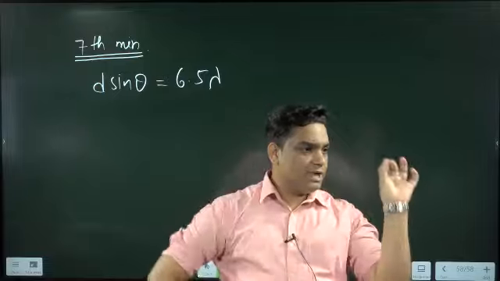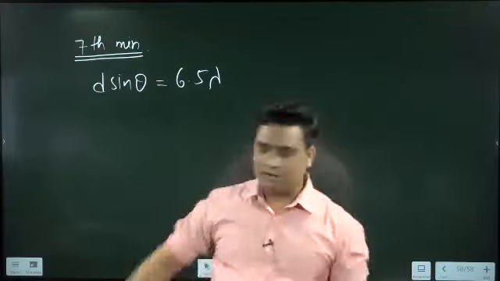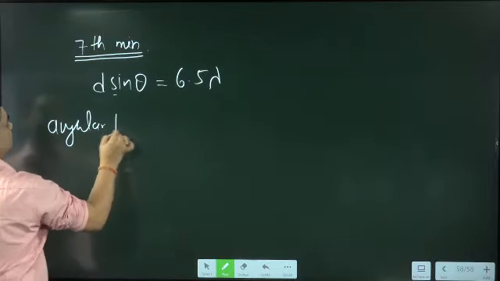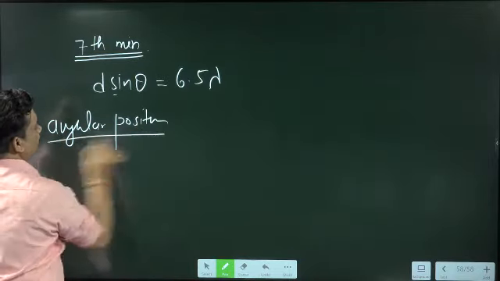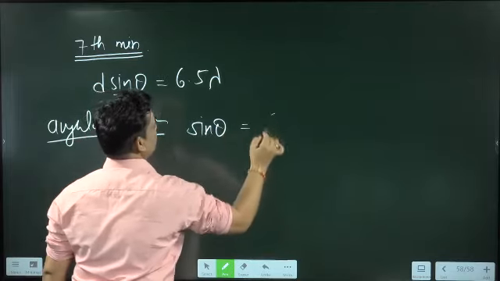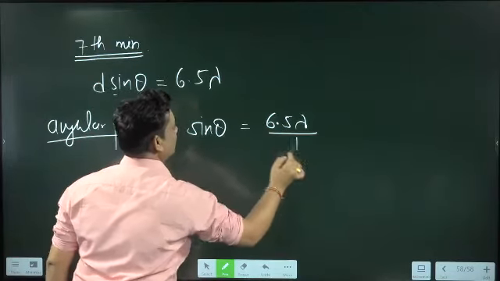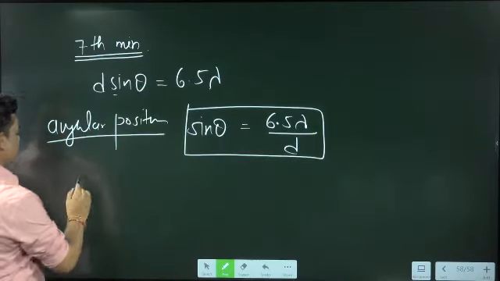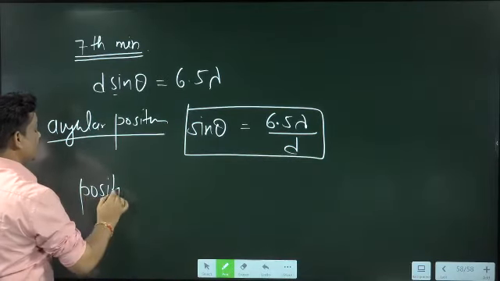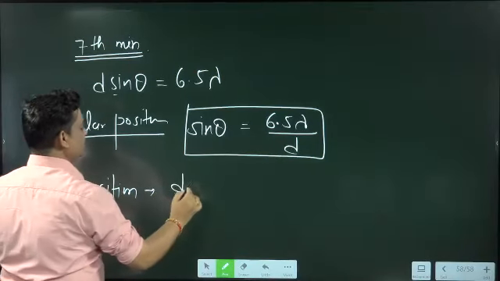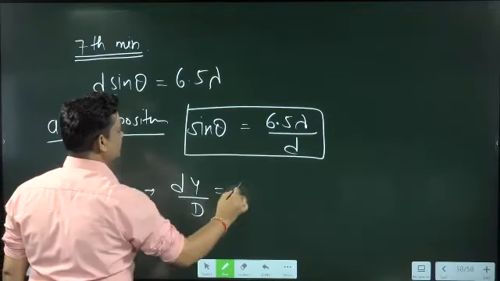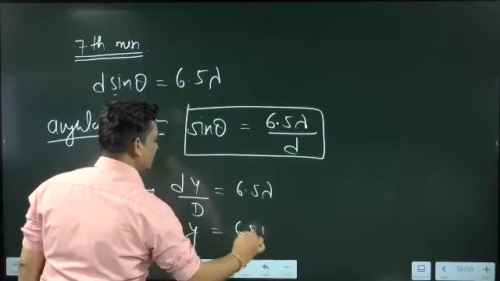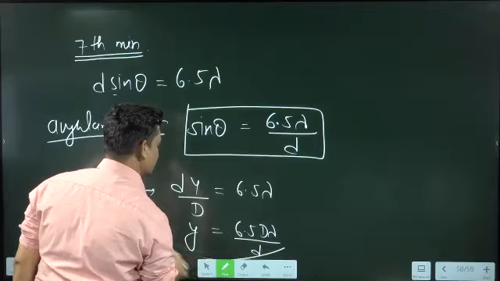Now, if they are asking angular position, meaning theta, we write sine theta equal to 6.5 lambda by d. This is the angular position. If they are asking position, meaning y, then sine theta is y by D, equal to 6.5 lambda by d. So y becomes 6.5 D lambda by d. This is the position.